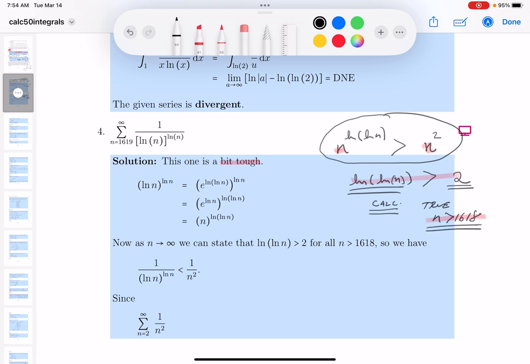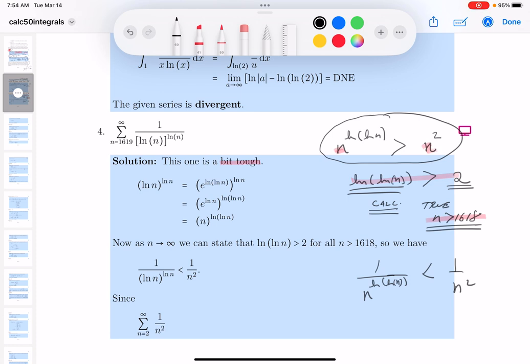Well, if that's true, I'm going to do the reciprocal. And what do you get over there? 1 over n to the natural log ln n is going to be less than 1 over n squared.